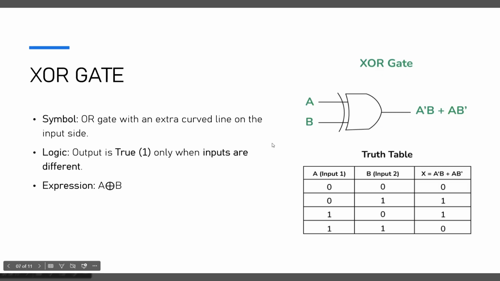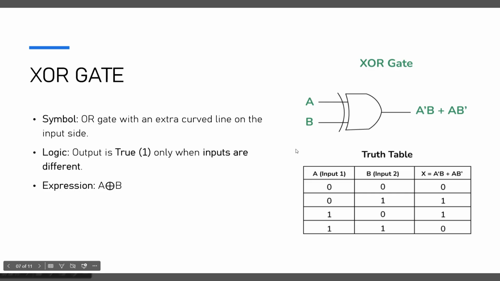So now XOR gate. XOR gate or exclusive OR gate gives output as true when inputs are different, and when inputs are same it will give false, and its symbol is this, and its expression is A complement B plus A B complement.